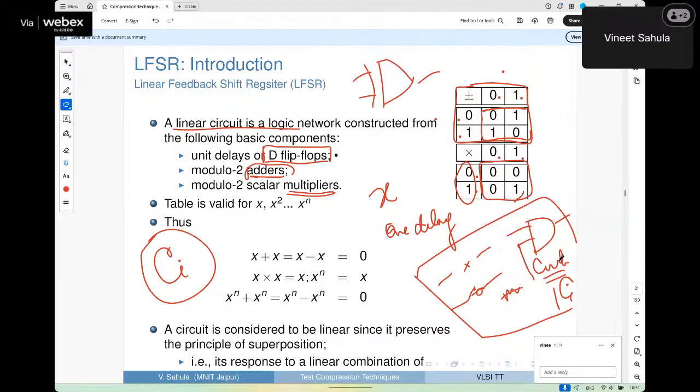More arithmetic. If I add two variables in modulo 2, say x1, x2, whatever, that means same value, same value. So same value addition is 0 always, XOR gate.